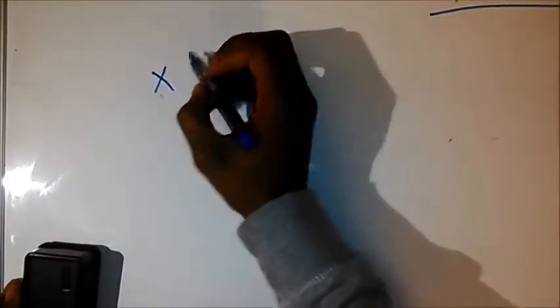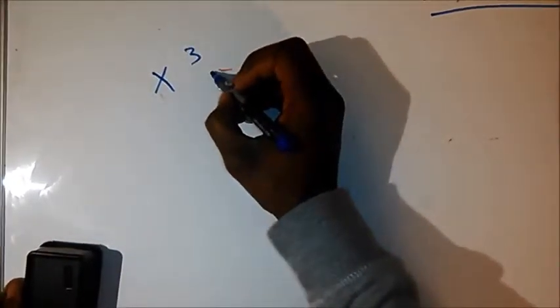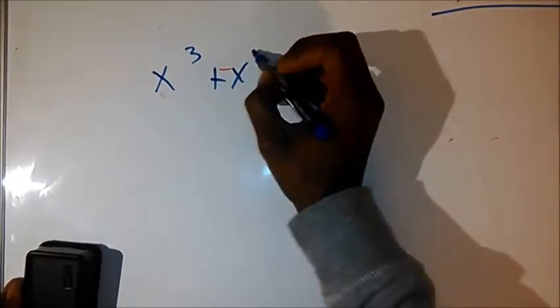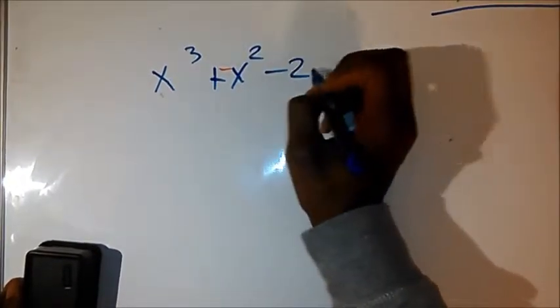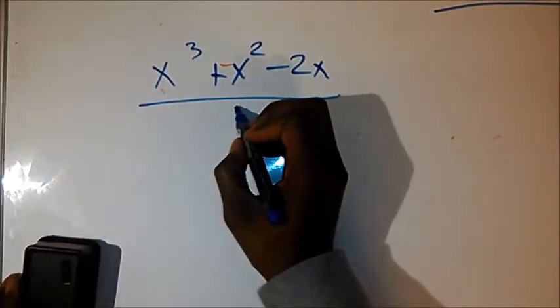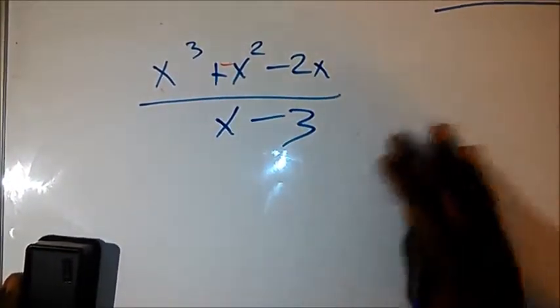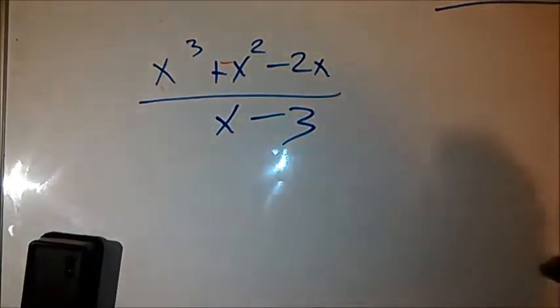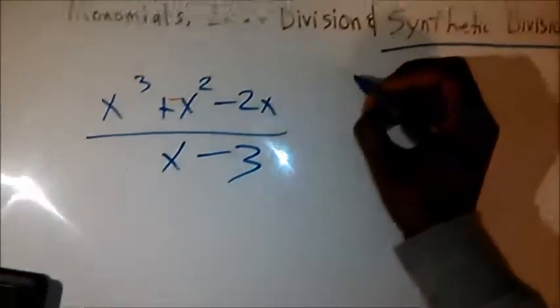For example, x cubed plus x squared minus 2x, and it's divided by x minus 3, right? If you want to know what the remainder is, we call this the remainder theorem.